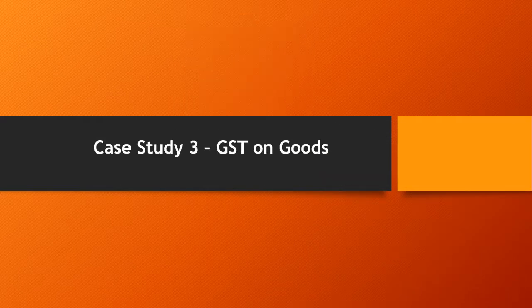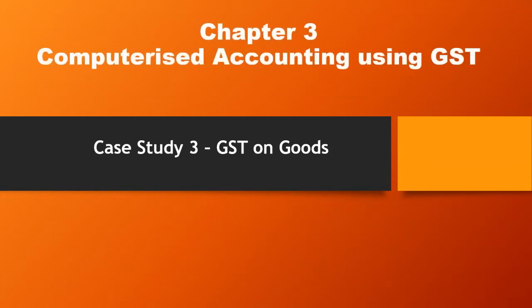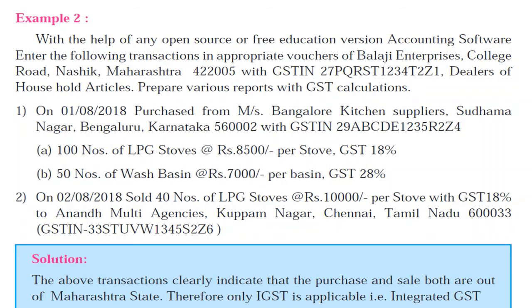Now today we are going to learn case study number 3, that is again GST on goods. It is from chapter number 3, computerized accounting using GST. Here it is mentioned Balaji Enterprises, College Road, Nashik, Maharashtra. This is the company where you have to do the transactions which are out of Maharashtra state.